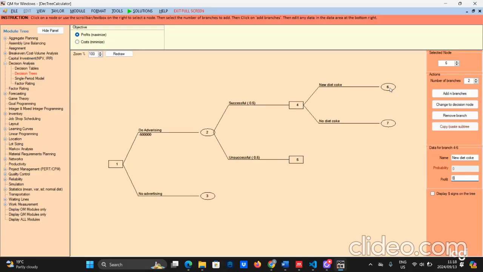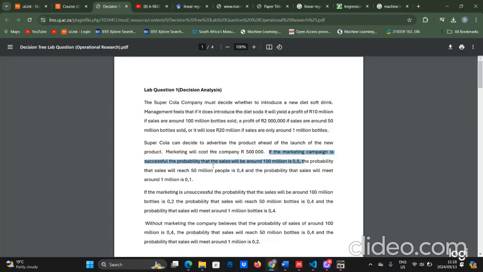And then if they introduce the new Diet Coke, if we come back and look at it here, they said there are three likely outcomes that may happen. They may either sell 100 million bottles, or 50 million, or 1 million bottles.